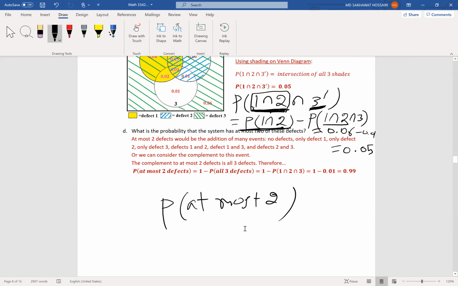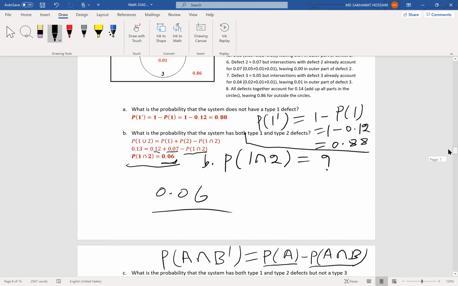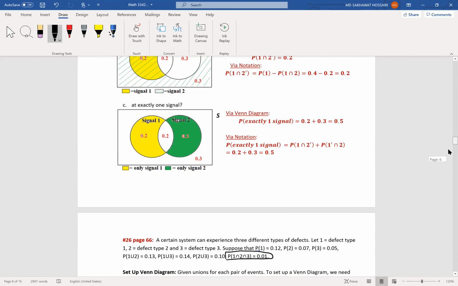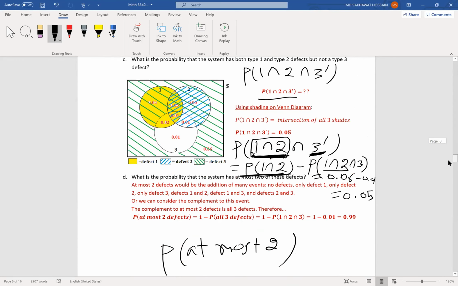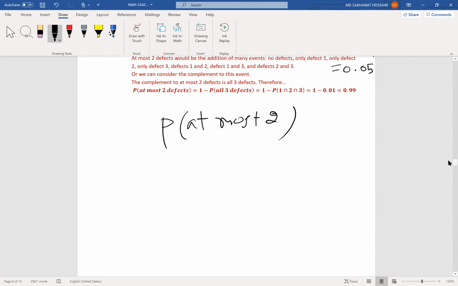How many defects do we have in total here? We have total 3 defects, right? 1, 2, 3. So we have 3 types of defects, and the system can have maximum 3 defects. But we want to find the probability that the system has at most 2 defects.